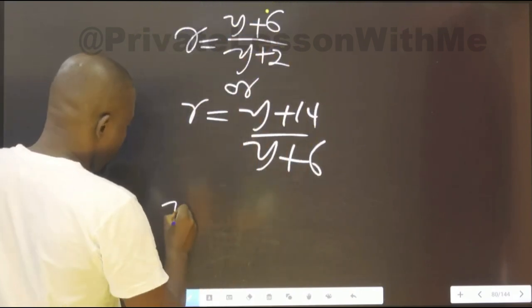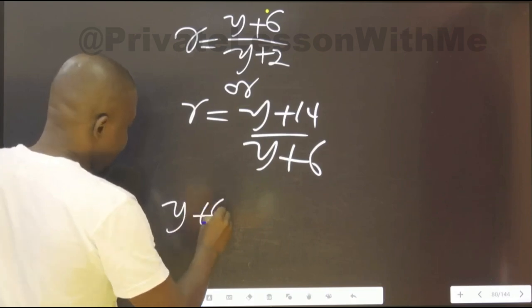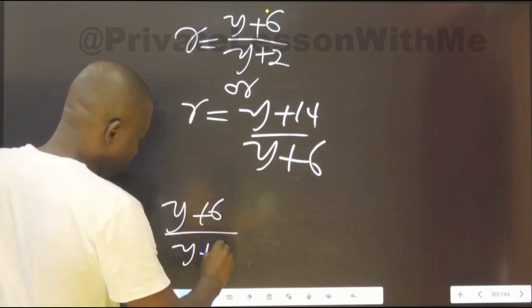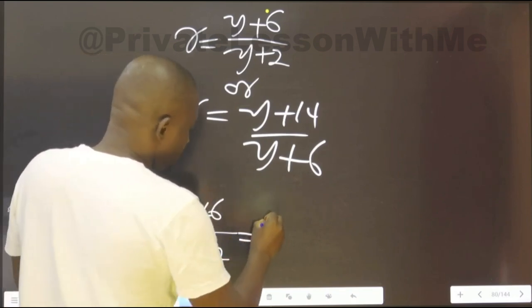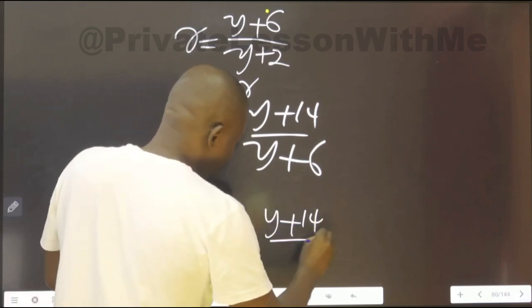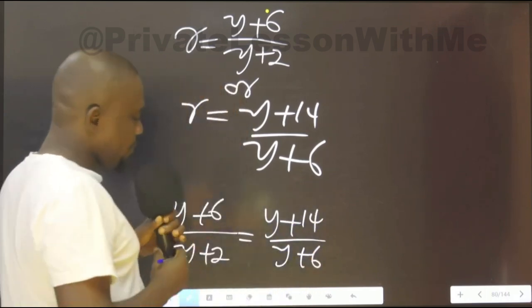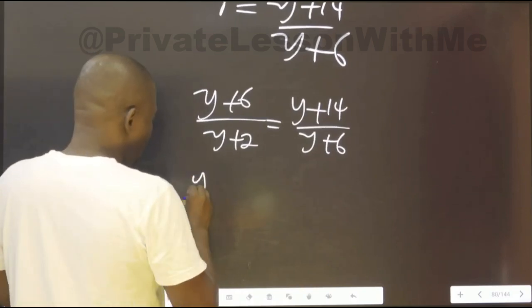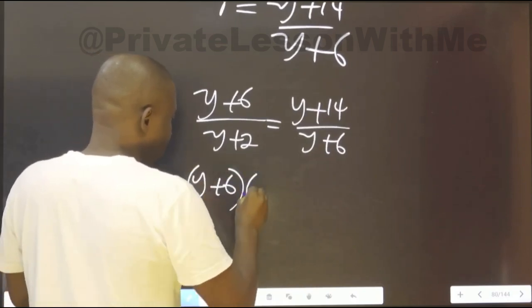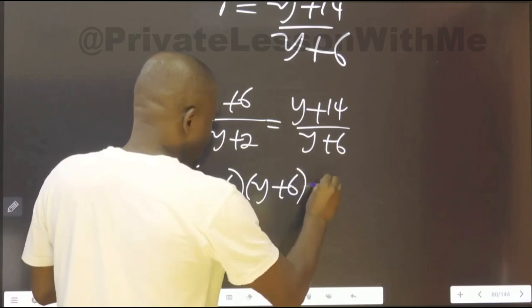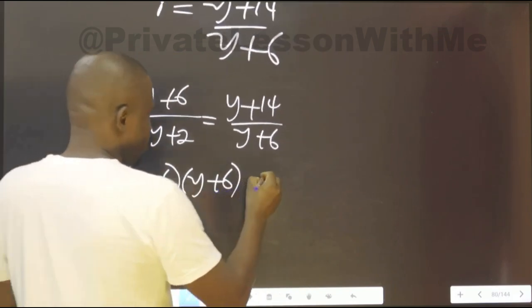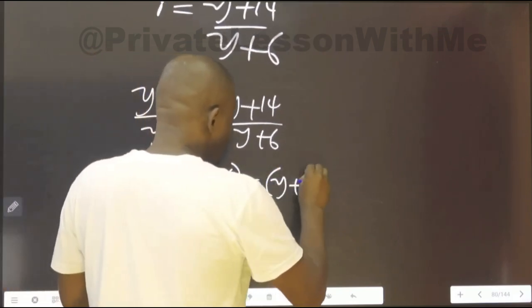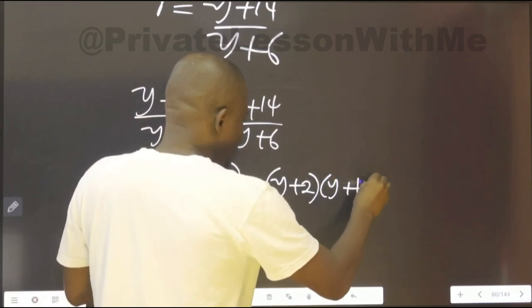That is to say, y plus 6 over y plus 2 is equals to y plus 14 over y plus 6. Now we can cross multiply to have y plus 6, y plus 6 equal to y plus 2, y plus 14.